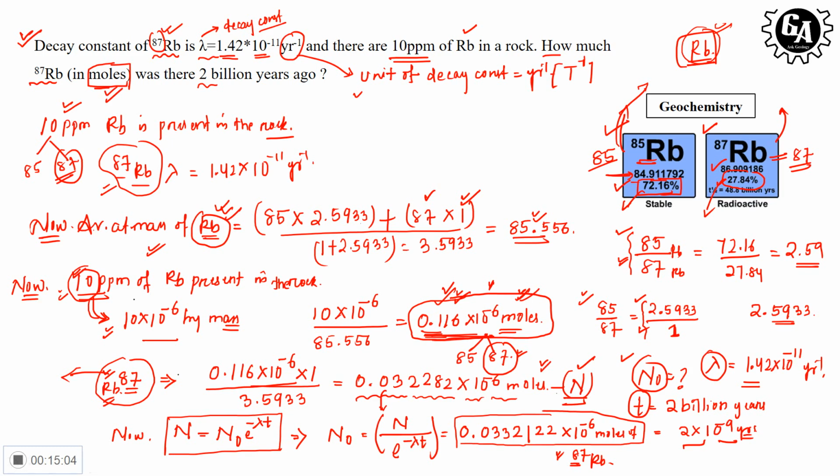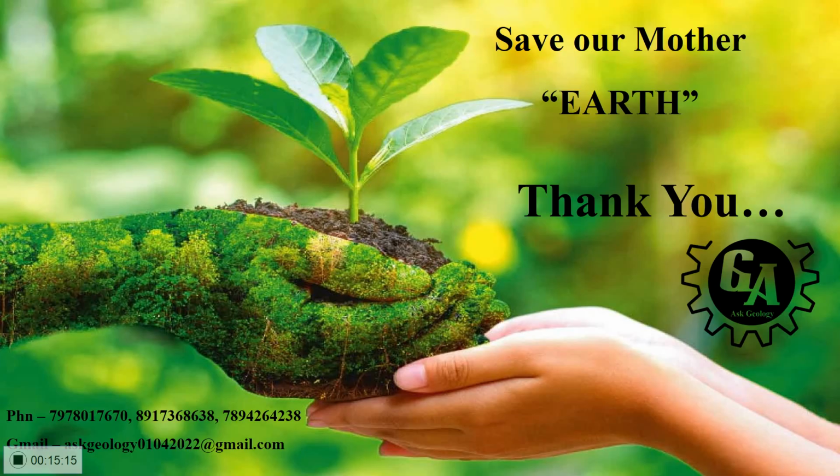Now I just want to tell another thing here. In the last question, what was given initially is that at present time there is 10 ppm of rubidium, and within this 10 ppm rubidium we calculated the 87 to be some amount.